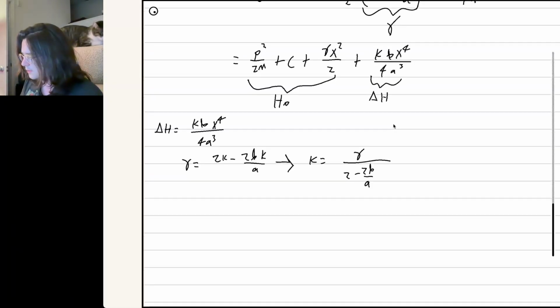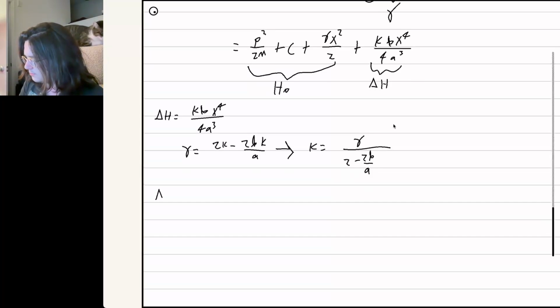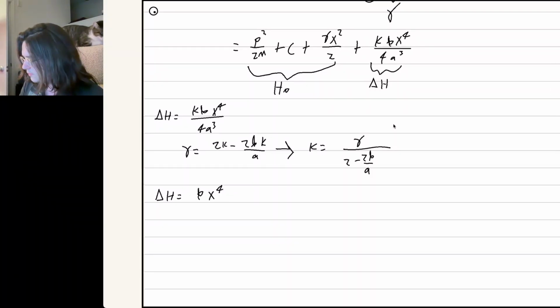Cool. Rewriting the perturbed Hamiltonian then, it's going to be bx fourth over 4a cubed times (2 minus 2b over a).